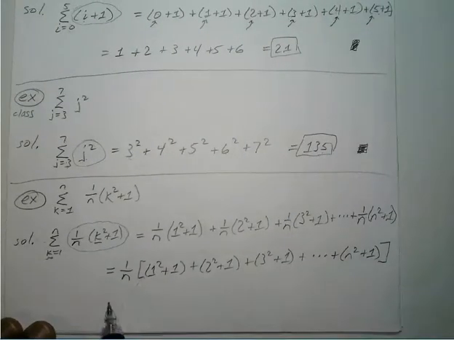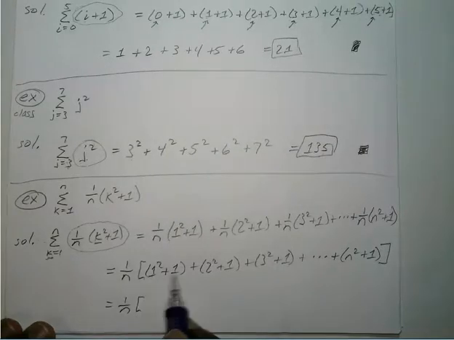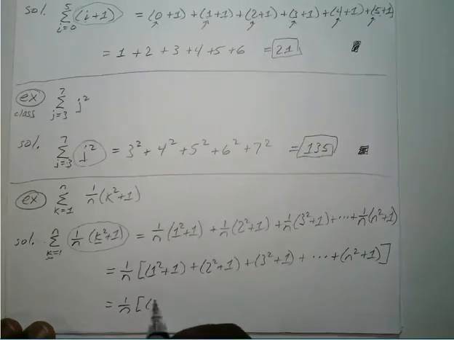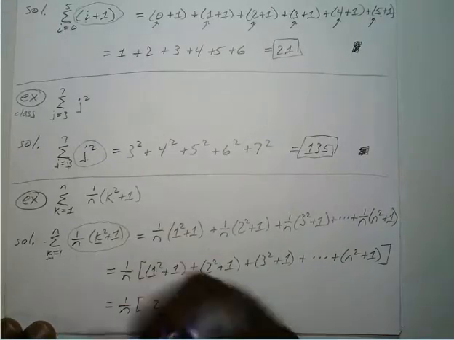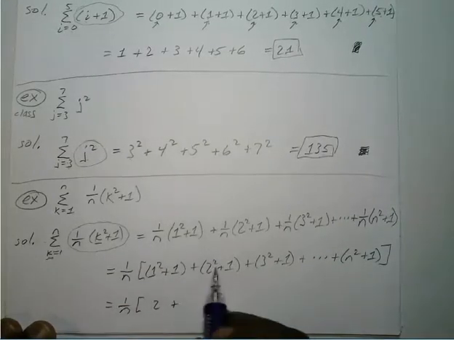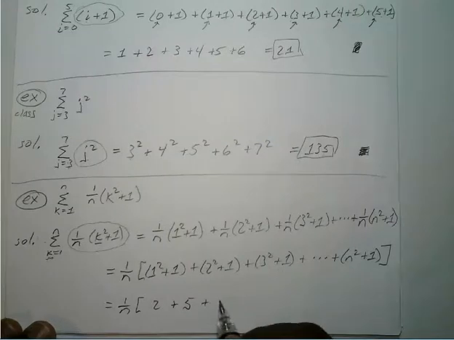Okay, so that will give us 1 over n. 1 squared is 1. 1 plus 1 is 2. Well, you don't really need the parentheses here. Plus 2 squared is 4. 4 plus 1 is 5. Plus 3 squared is 9. 9 plus 1 is 10.